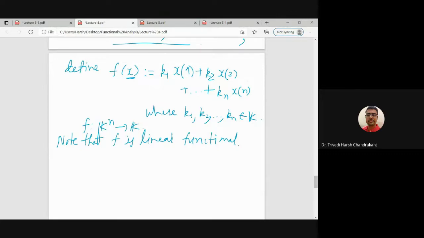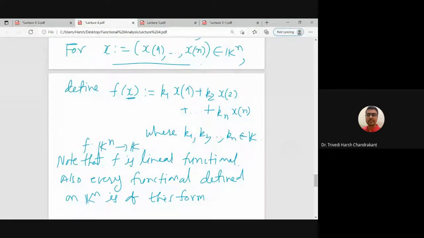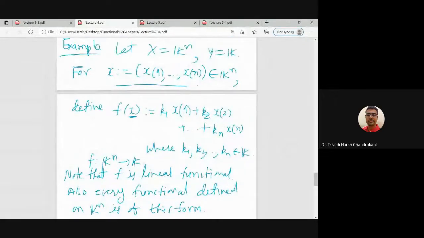So this is a linear functional, and on the other hand, every functional defined on K^n is of this form. Why is it so? Any idea? Any linear function on K^n is of this form for some k1, k2, kn.